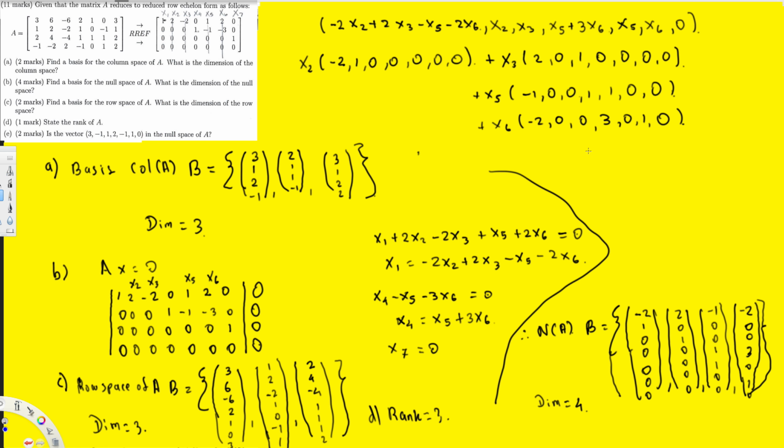So I bring this Gauss Jordan pattern right here: 1, 2, minus 2, 0, 1, 2, 0, 0, 0, 0, 1, minus 1, minus 3, 0. Then the next one is 0, 0, 0, 0, 0, 0, 1. Then the last one is 0, 0, 0, 0, 0, 0, 0. Now this is my A.